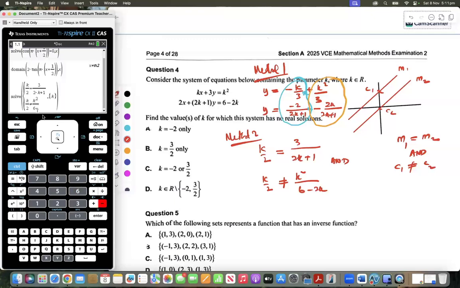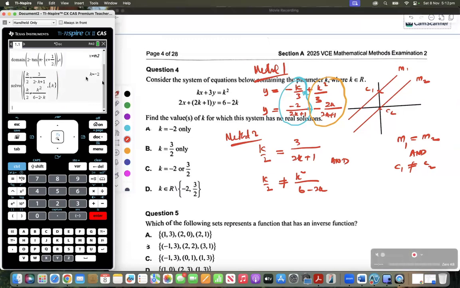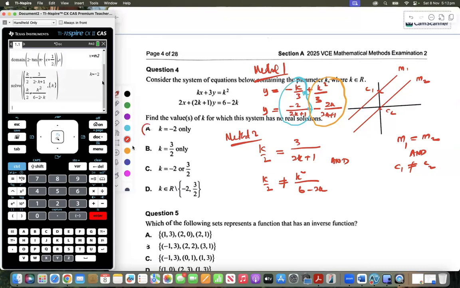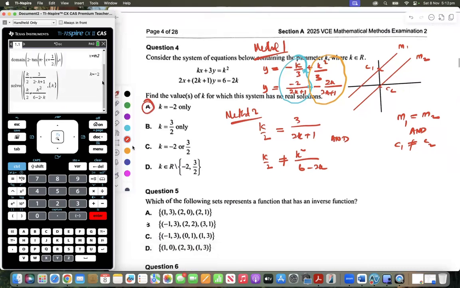So 6 minus 2 times K. Is that right? Correct. Okay. Both the conditions are satisfied with K equal to -2. Okay, do you have that answer? Yes, that's the answer. So answer is A.